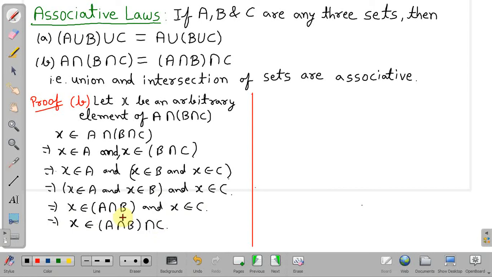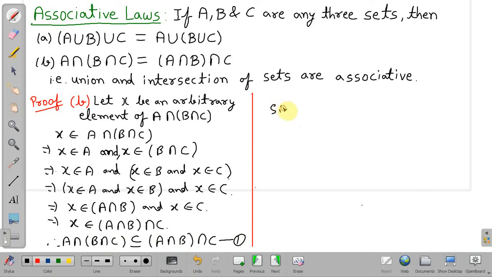So here also you can notice that we started with x is an element of (A intersection B) intersection C and concluded that x will also be an element of A intersection (B intersection C). So we can say that this is a subset of this. Therefore, (A intersection B) intersection C is a subset of A intersection (B intersection C). This is our equation number 1.